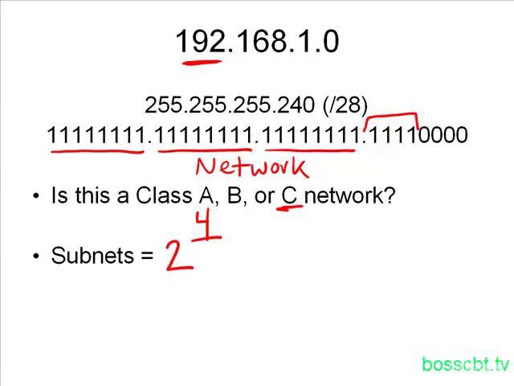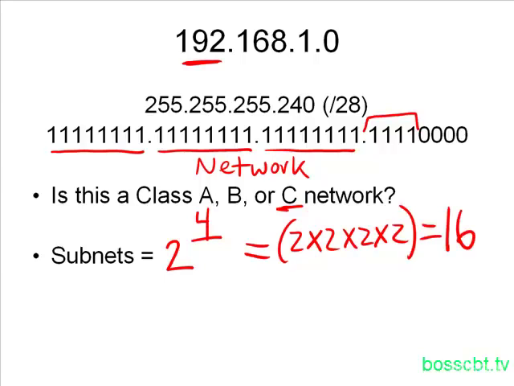This equals 2 times 2 times 2 times 2, which is 16. So by using this subnet mask, we can create 16 subnets, 2 to the power of 4 subnet bits.